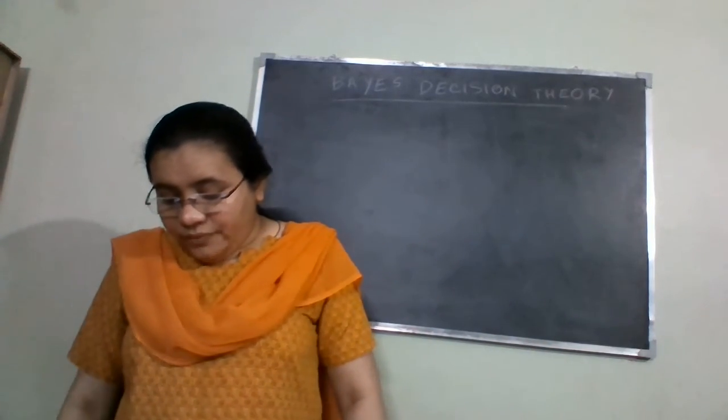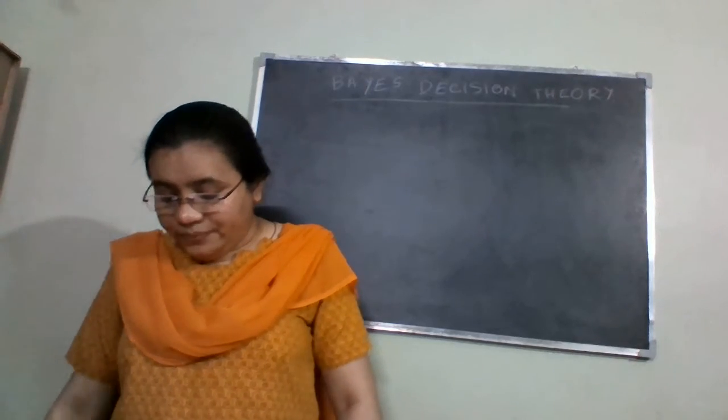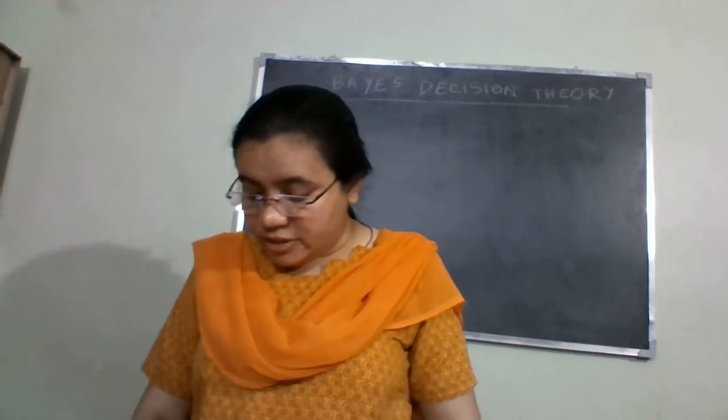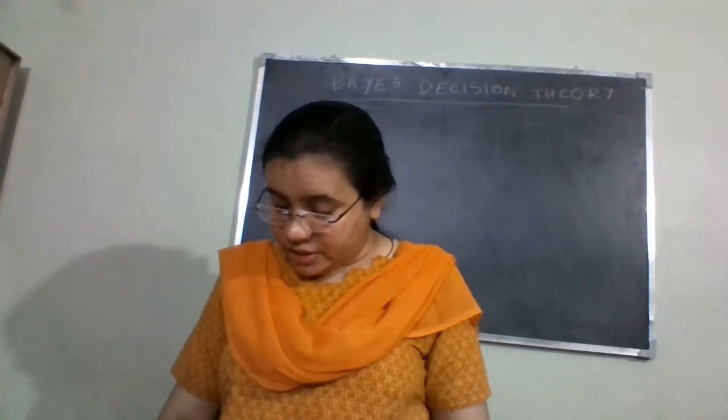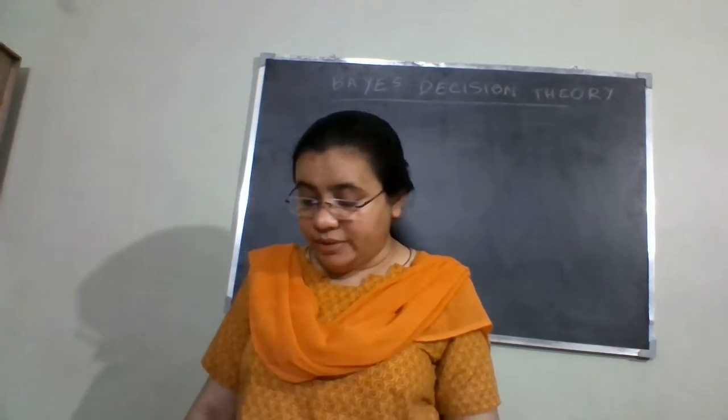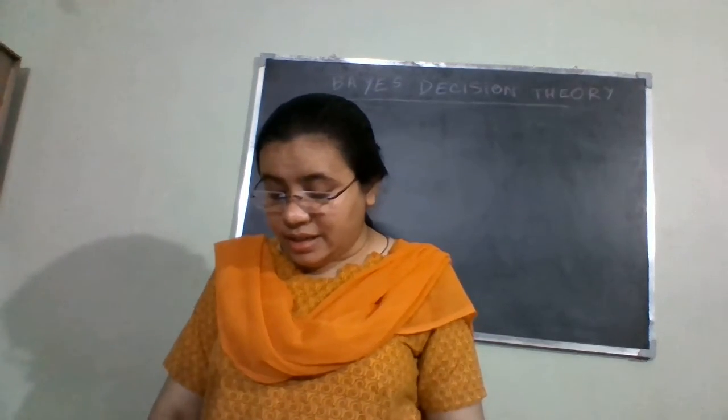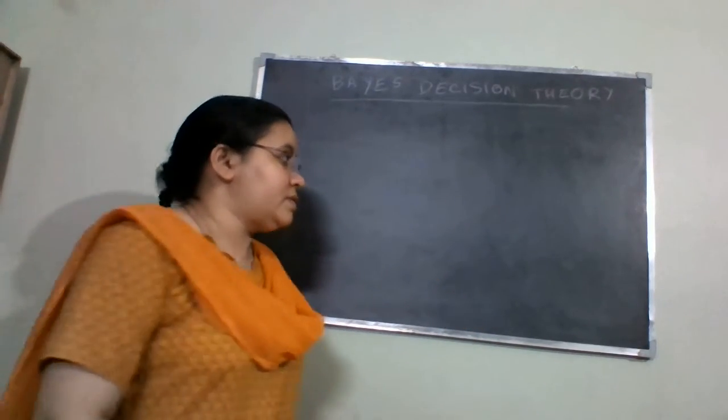There are a variety of ways of expressing the minimum risk decision rule, each having its own minor advantages. The fundamental rule is to decide omega 1 if r alpha 1 x bar is less than r alpha 2 x bar, or vice versa.